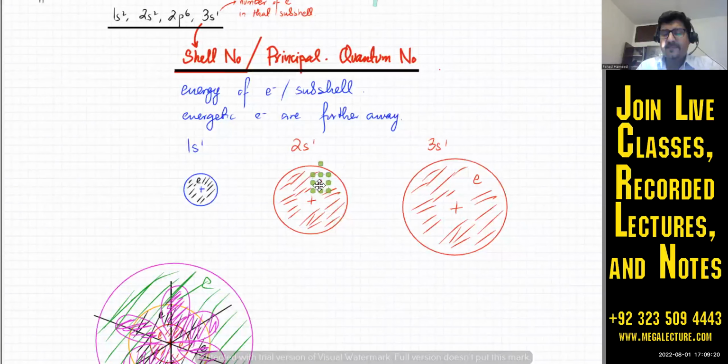As the electron gains energy, and the energy levels are quantized, it's always gaining a very specific amount of energy. It can't gain just any energy. So the electron moves further away from the nucleus. It occupies areas much further away from the nucleus.